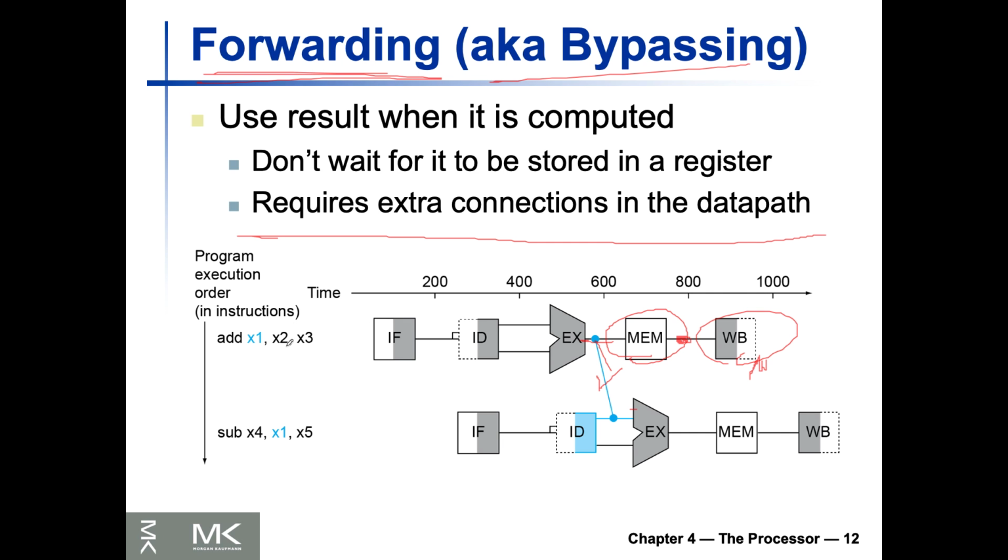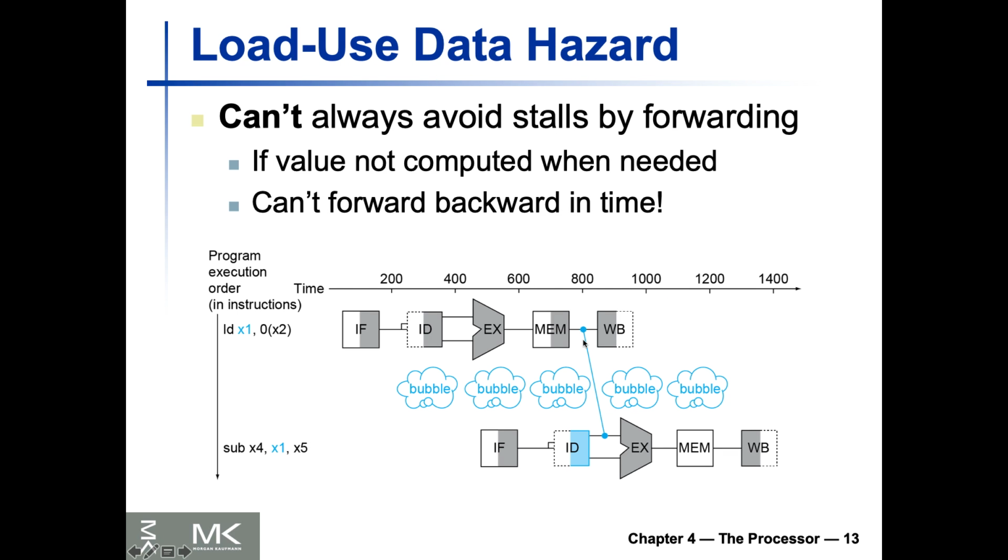As I mentioned, for forwarding, we can do it right after the X execution stage for add operations. But what if that operation was a load? We only get to know the value of the load after the memory stage. So even with pipelining and forwarding, if we were to access this after a load instruction, we would need one stall, one bubble here, because we would have to wait so that my ID comes after mem.